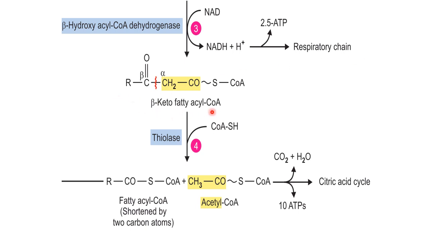Now this beta keto fatty acyl-CoA, with the help of the thiolase enzyme, gets converted into acetyl-CoA and a fatty acyl-CoA which is shortened by two carbon atoms, because two carbon atoms are removed in the form of acetyl-CoA, and this acetyl-CoA will enter into the citric acid cycle.